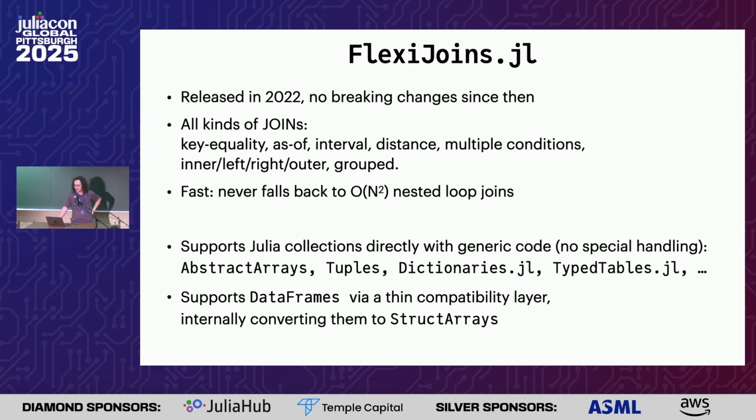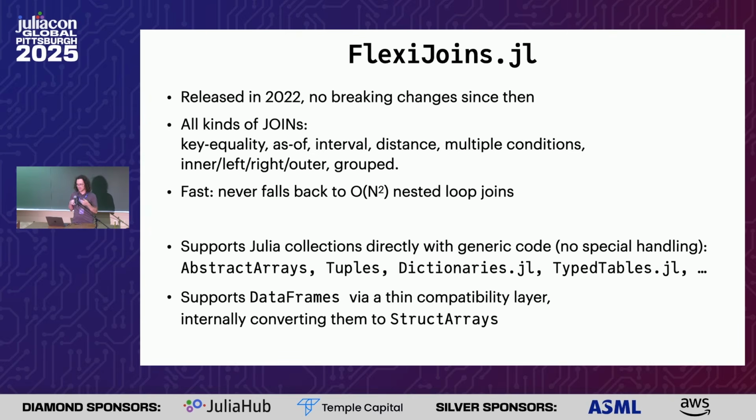Maybe there will be at some point if the current interface doesn't work out, but as of now, it's been pretty stable. It already supports all kinds of joins: key equality, of course, joins by inequality, interval joins, joining by distance, combining multiple different conditions, left, right, inner, outer joins, group joins.